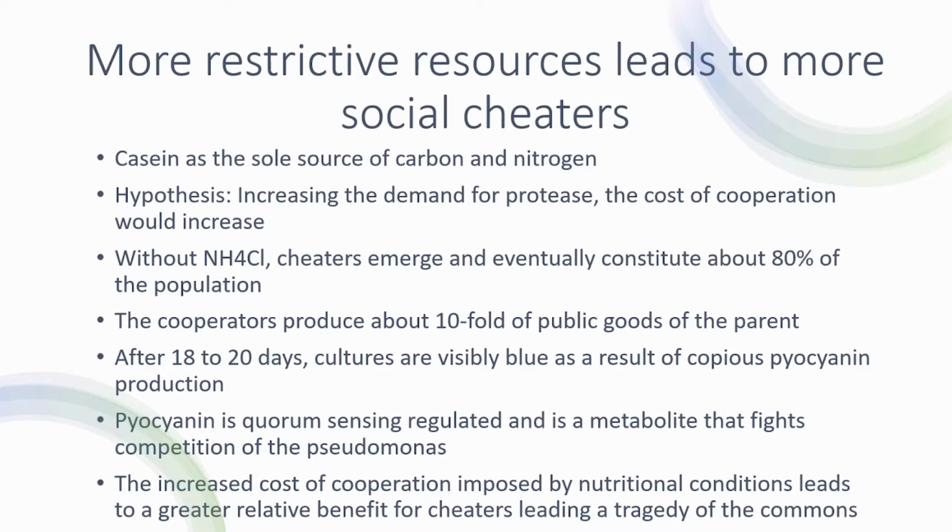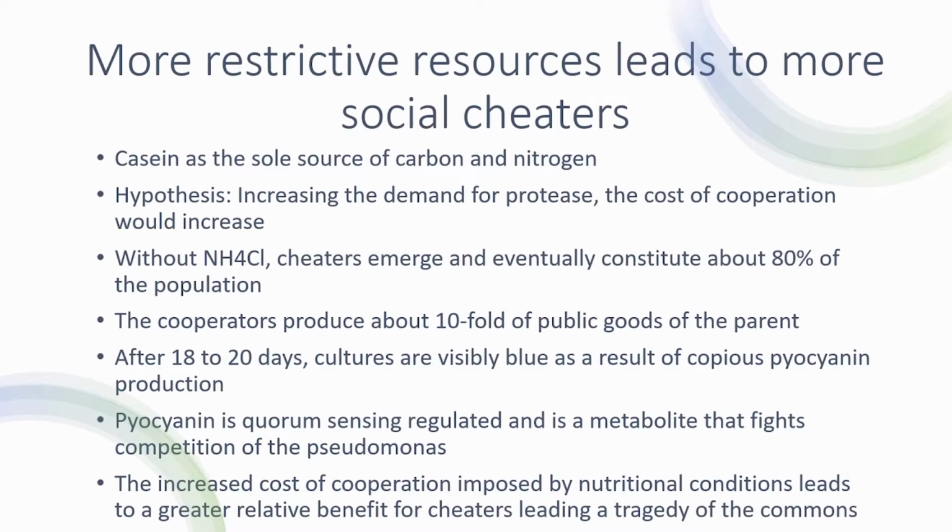In previous experiments with adenosine and casein, they saw percentages of cheaters at most around 60%, typically around 40. So 80 is a huge jump from that. So we can see that this replacement of nitrogen with casein had a huge impact on the amount of cheater growth that we saw in the population.